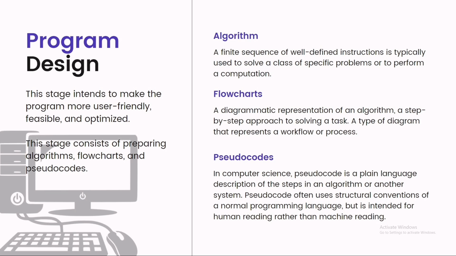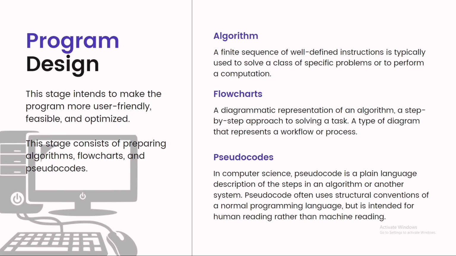As for the definition of flowcharts: a diagrammatic representation of an algorithm, a step-by-step approach to solving a task. It is a diagram with which you can visualize the workflow of our overall problem solving. As for pseudocodes, in terms of computer science, it is a plain language description of the steps in an algorithm or another system.